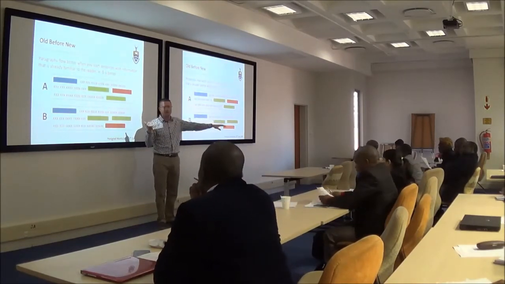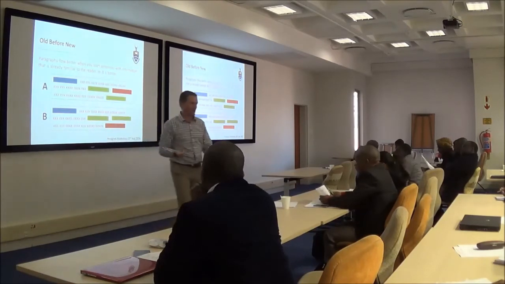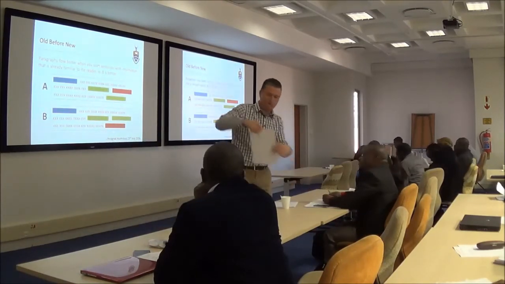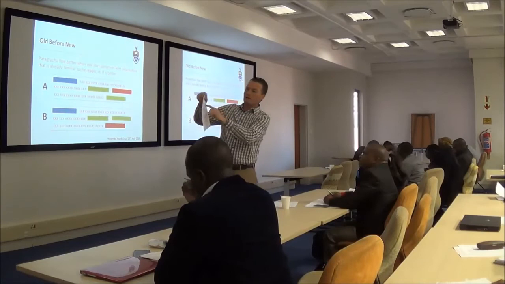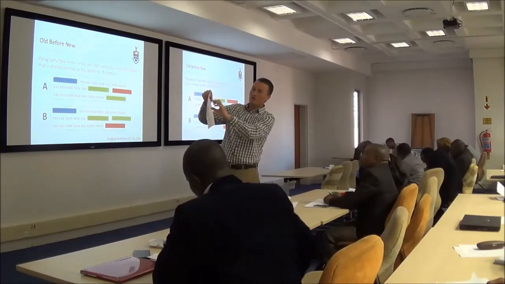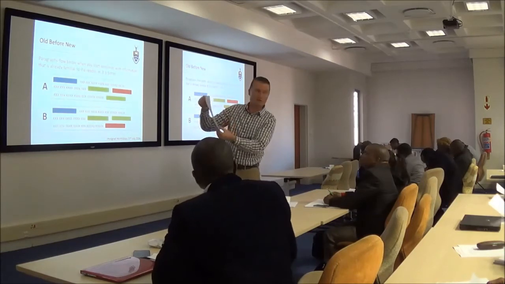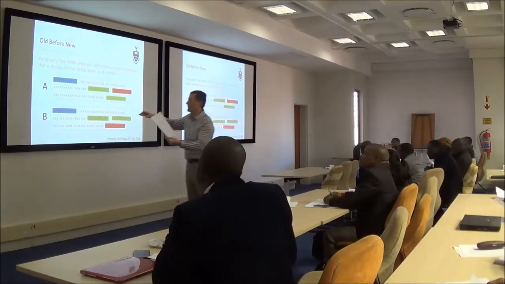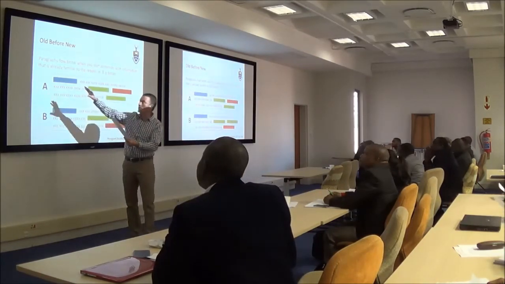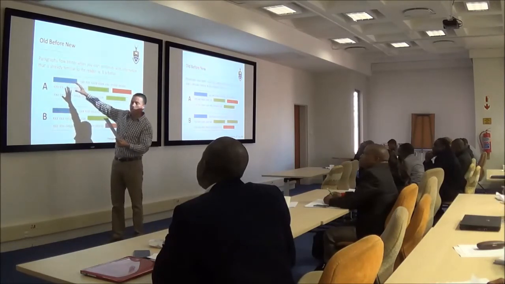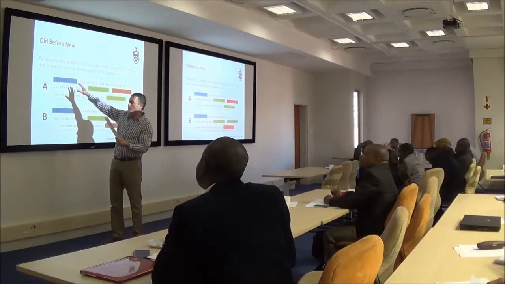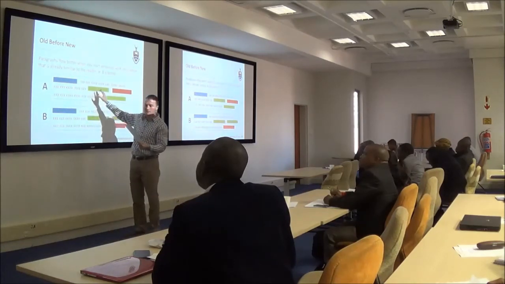Makes sense? Okay. So, guys, in this first paragraph, there are 2 paragraphs on the old before new. What I want you to do is I want you to do exactly what I've done here, okay? And I want you just to underline the first main concept of the first sentence, and then the main concept that it ends on, right?